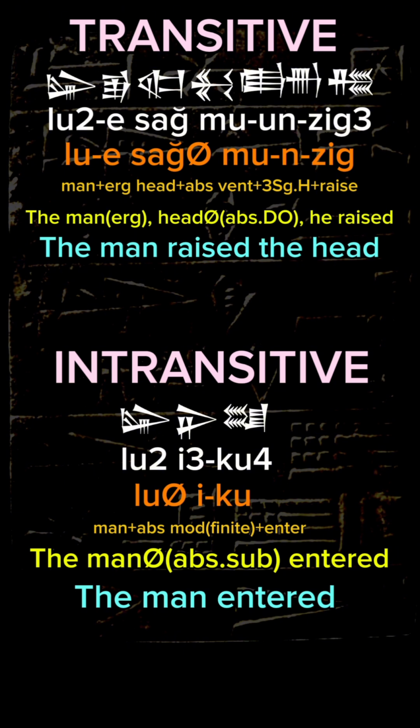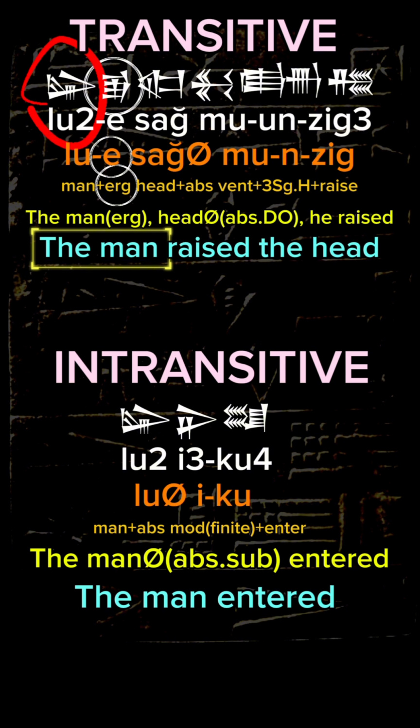But let's now go over it quickly, starting with the ergative absolutive alignment that we were originally talking about. With the transitive verb, the subject is always marked with the ergative case marker, that being a right here. Here's the sign, here's the transliteration, here I've marked it ergative, and that would be saying that the man, because it's attached to man, is the subject of this transitive verb that follows.